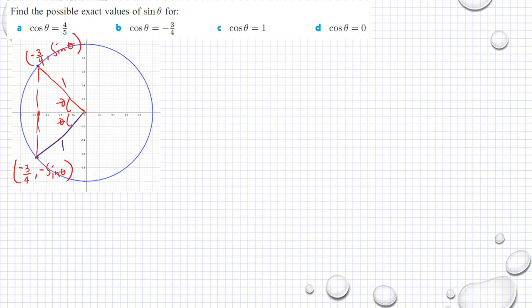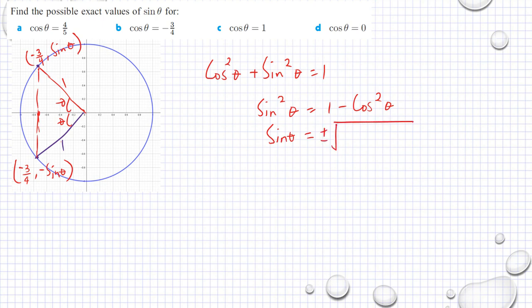The identity, cosine squared theta plus sine squared theta is equal to 1. I need sine, so I have sine squared theta is equal to 1 minus cosine squared theta. Then we have sine theta is equal to positive negative square root of 1 minus cosine squared theta, because we have two values as we saw there.